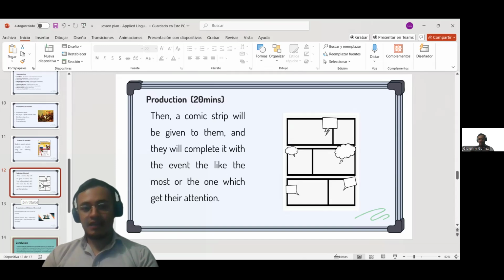Then I will give you this comic strip, and you need to complete it. You will choose the most impacting or important one, or the one that catches your attention best, and you will express it in this comic format.